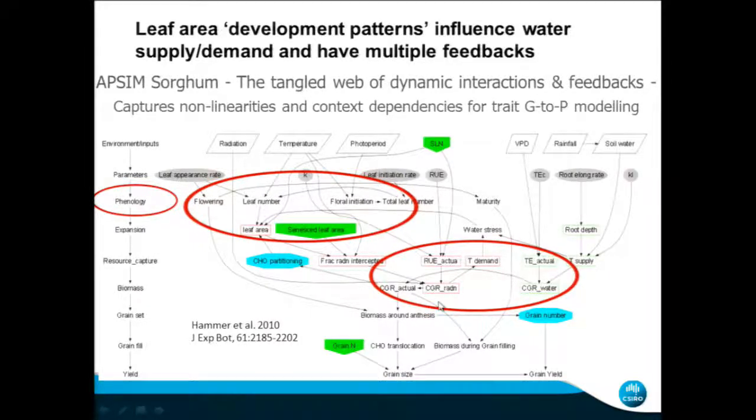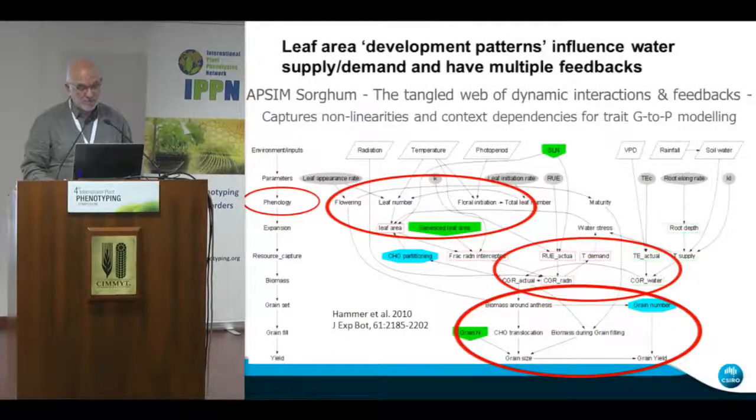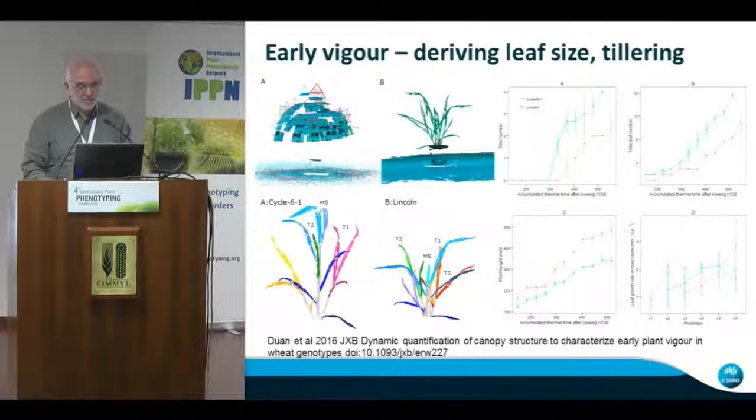The canopy will then determine the growth rate dependent on the water balance or the light interception, and you'll get some biomass accumulation that will be partitioned to various organs. And so there's a lot of biological sense in this thing that captures a lot of dynamics that are happening as the crop grows and develops. And that's the framework we sort of look towards using.